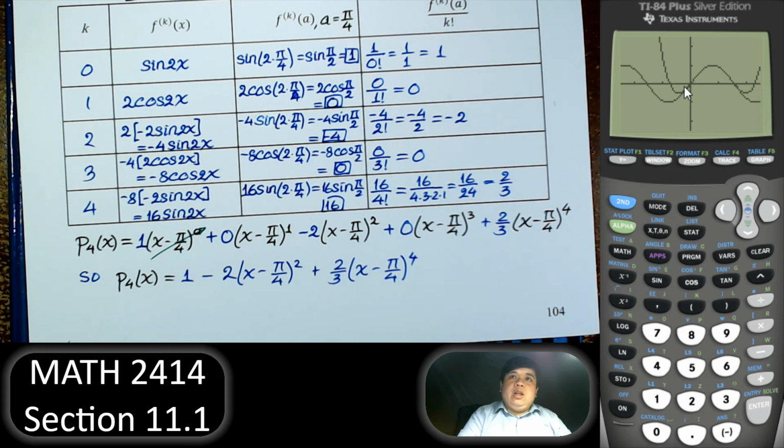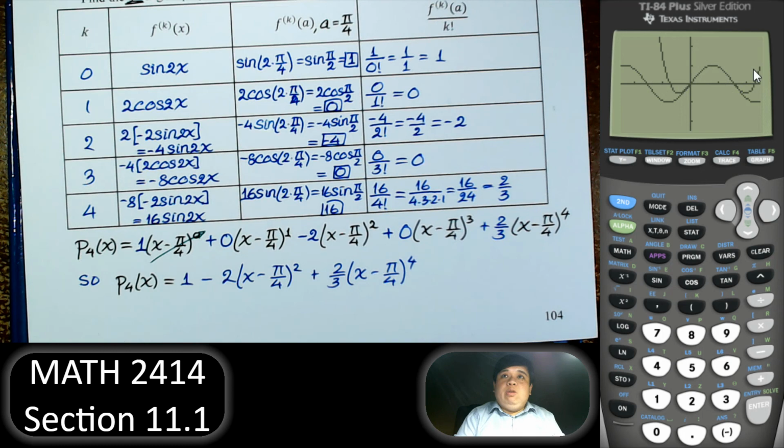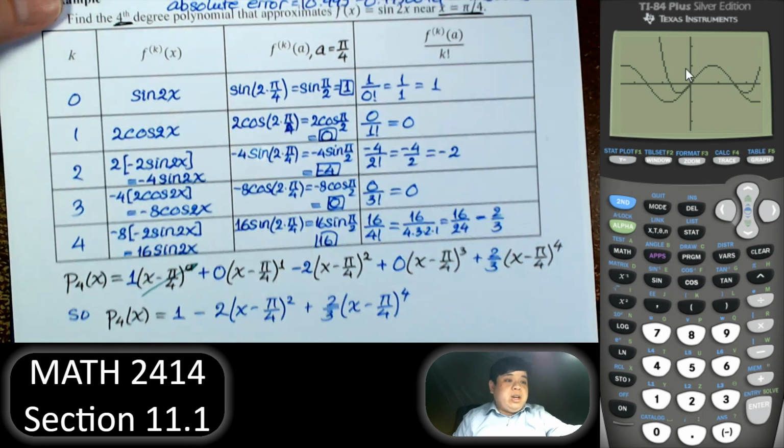You see that around that point, the curve sine of 2x and the polynomial are almost identical for a big chunk of the function. So the approximation for that part will be very good. So around pi over 4, those parts of sine of 2x and the 4th degree polynomial are almost identical. So that's a very good approximation.